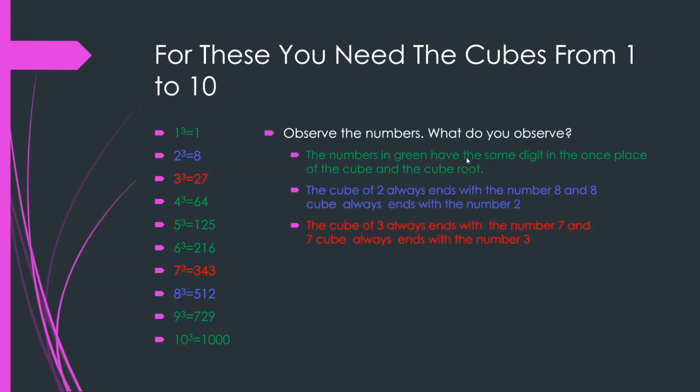The numbers in green have the same digit in the ones place of the cube and the cube root. See over here, the ones place of the cube and the ones place of the cube root are both the same digits.